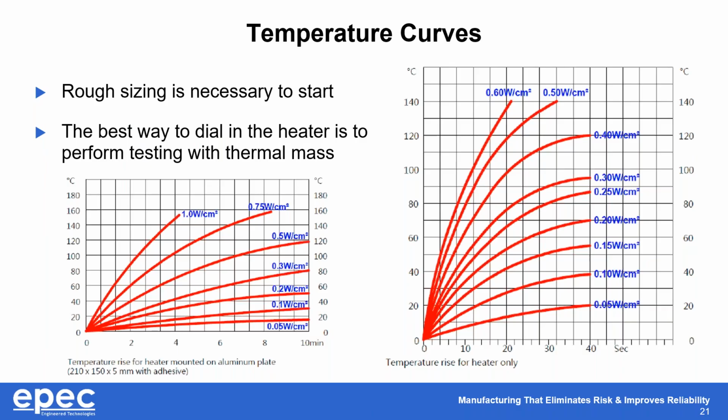When there's an aluminum plate or some other thermal mass attached to the heater, it takes time. This is no different than a big pot of water on your stove. You're trying to boil that, and it may take 5, 10, 20 minutes depending on the size of the pot and the setting that you're putting your stove on. The more thermal mass you have, the longer it takes to heat that.